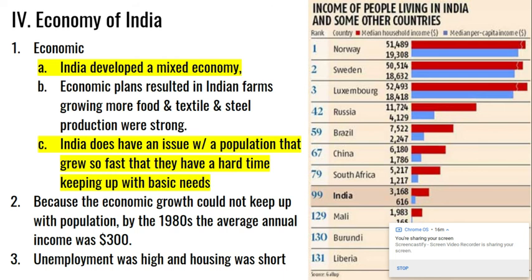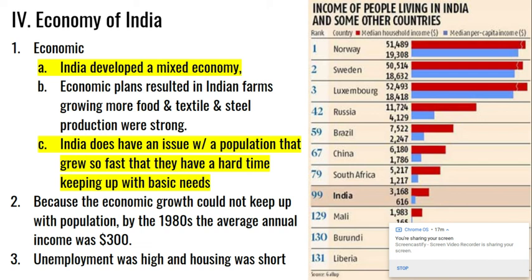Despite India accomplishing independence, accomplishing a mixed economy, accomplishing a lot, they still struggle economically. They were able to get into like textiles and food and steel, but no matter how much they did in terms of farming and food and textile and steel, they can't keep up with their population.